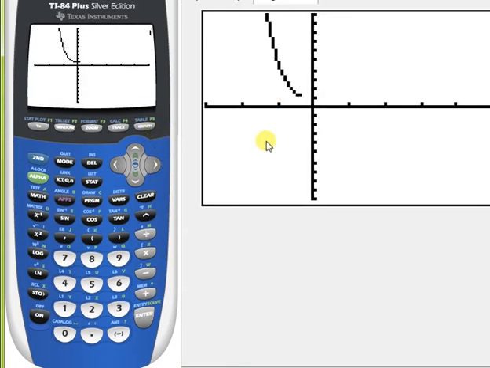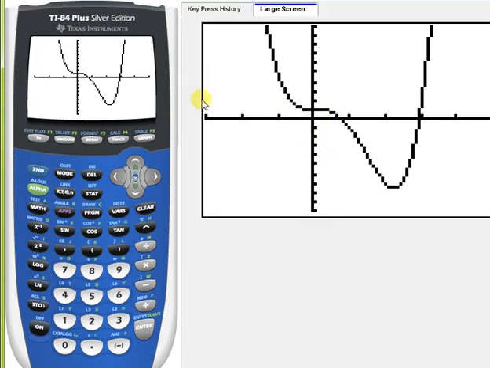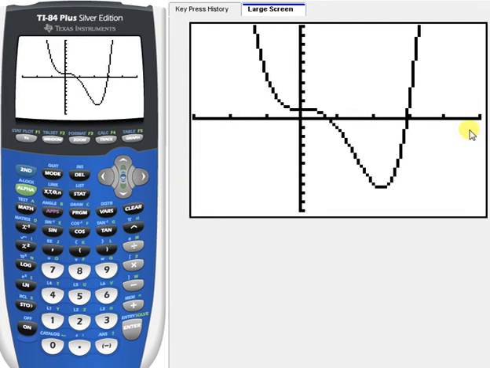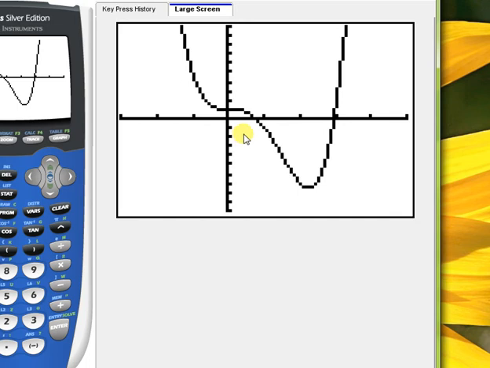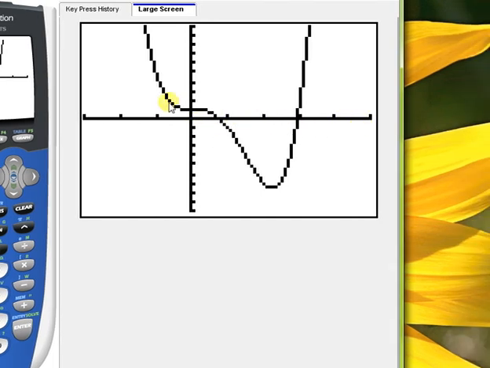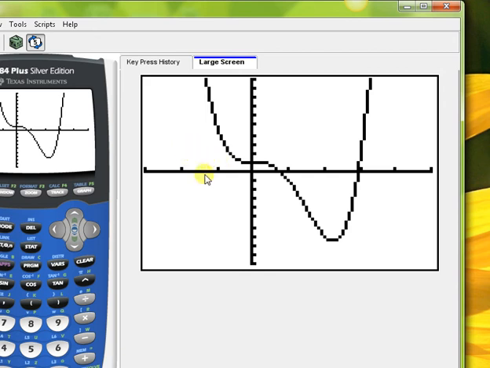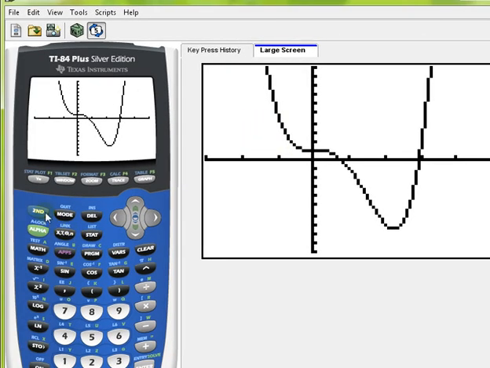Now as I look at this graph, it's a little bit easier to see where those zeros are. Again, it's cropped at negative 3 and at positive 5. So that's all I did. This is the x min, this is the x max. And I'm looking for each of these zeros. Well, because your calculator doesn't have a brain, you have to tell the calculator which one you want to find.